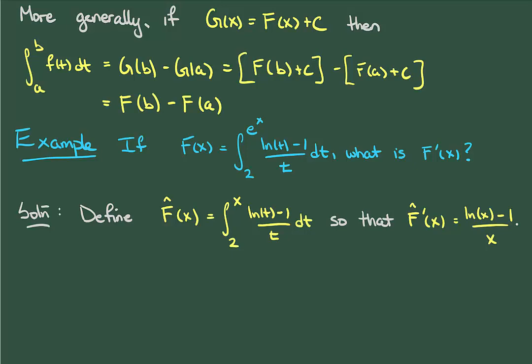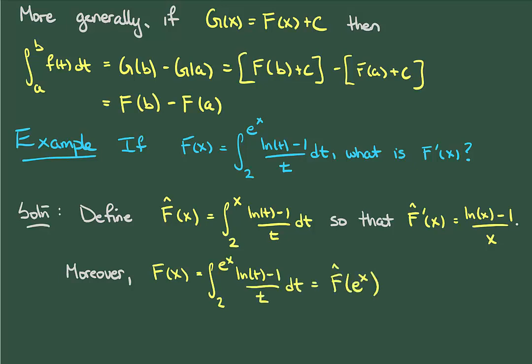Now the key is relating F hat to F, and the way that they're related is that F of x is F hat of x evaluated at e to the x. If you don't see this right away, I want you to think about it. If we plug e to the x into F hat, what changes? Well, the upper bound of integration changes from x to e to the x, and that's exactly F.